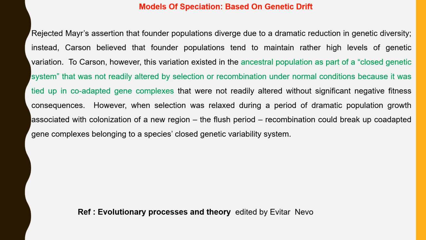This is because the ancestral population was a closed genetic system where recombinations were less due to co-adapted gene complexes. But after genetic drift has occurred, when selection pressure is relaxed during the flush period, recombination breaks these co-adapted gene complexes.